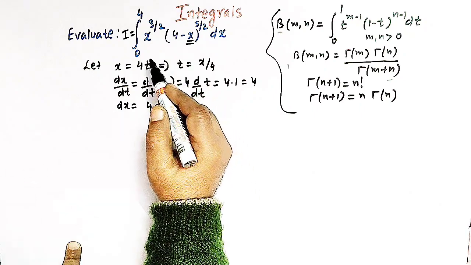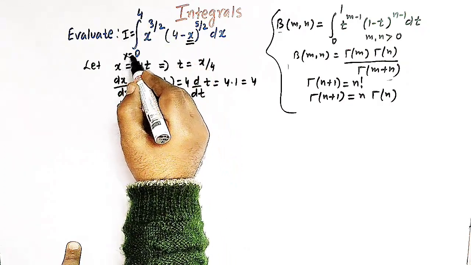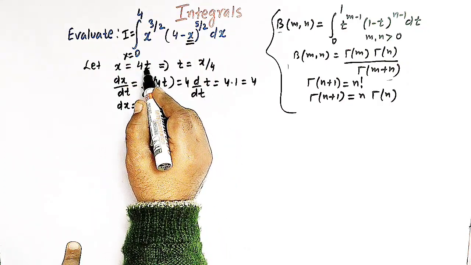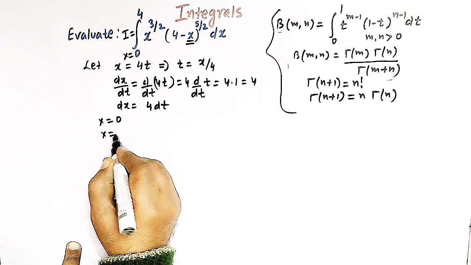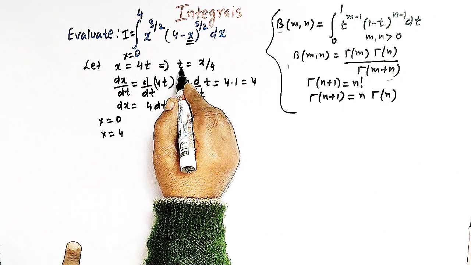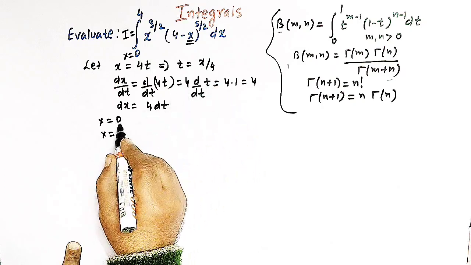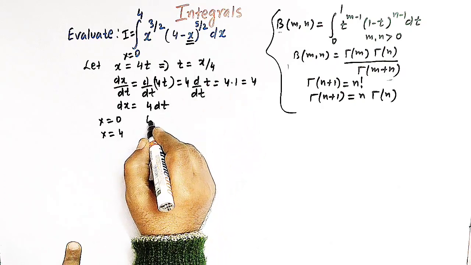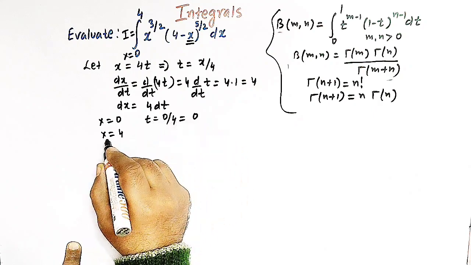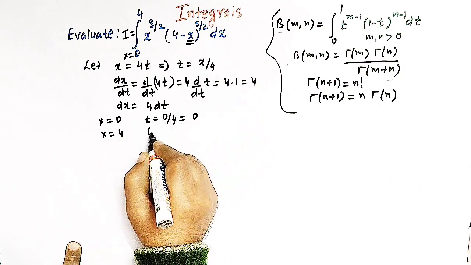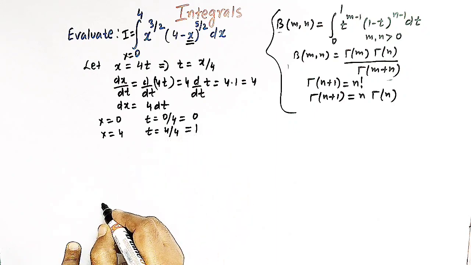Okay, now let us change the limits, because here x varies from 0 to 4, and here we can find out the value of t using this relation. So when x is equal to 0, then t is 0 over 4, that is 0, and when x is 4, then t is 4 over 4, that is 1, right?